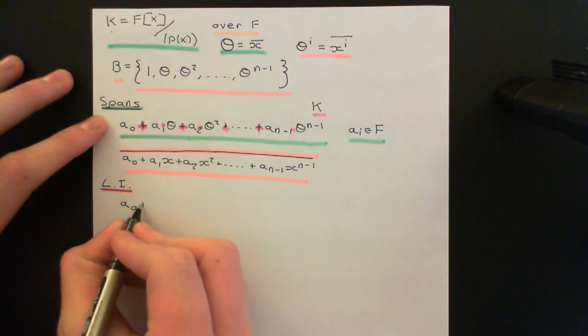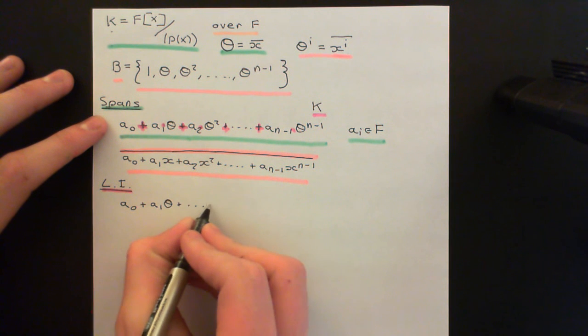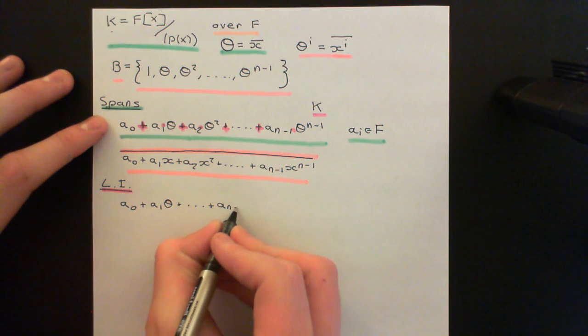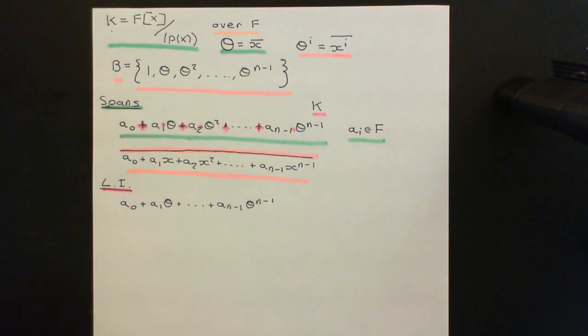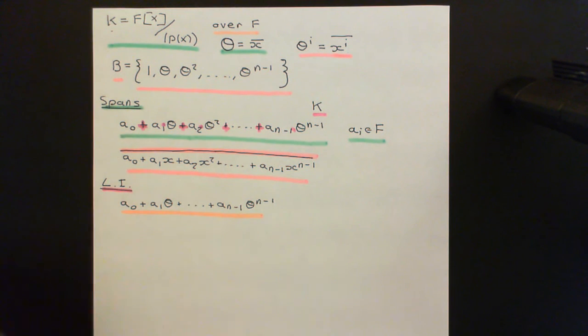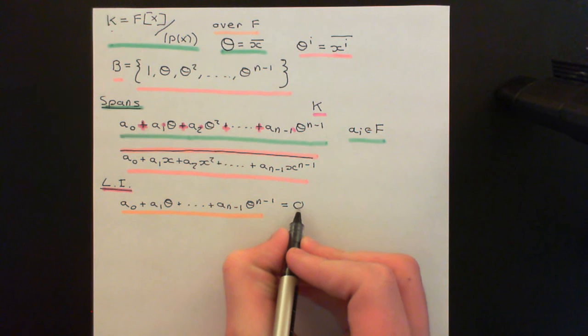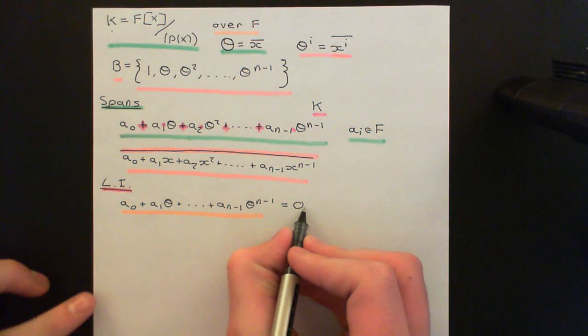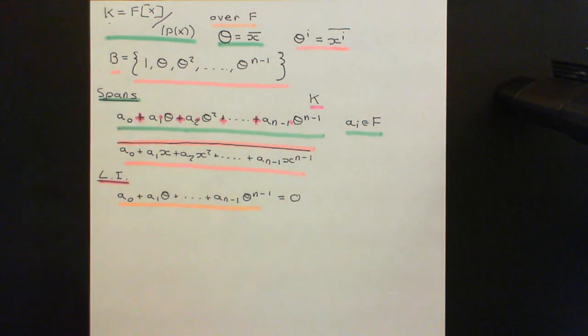So we're going to assume some linear combination a0 plus a1 theta plus all the way up to an minus 1 theta to the n minus 1, some linear combination of my basis vectors for the field extension K, does actually give me 0, the 0 element in my field extension K, so really the coset that contains 0. But again, I'm going away from using the barred notation because this is the way people do it conventionally.